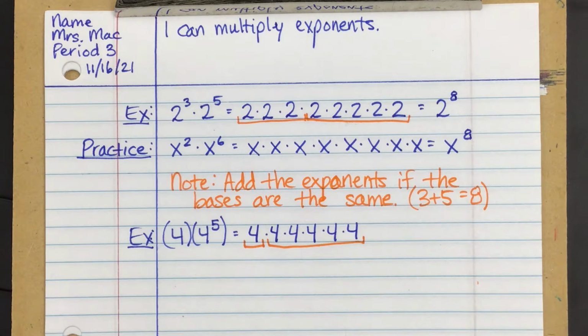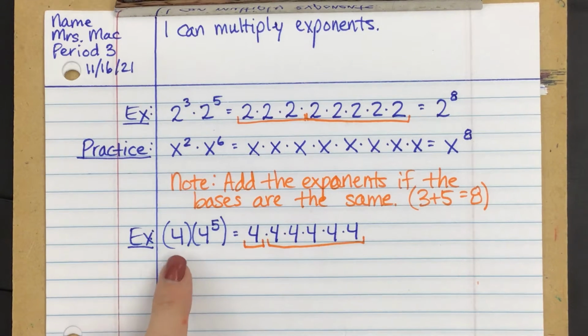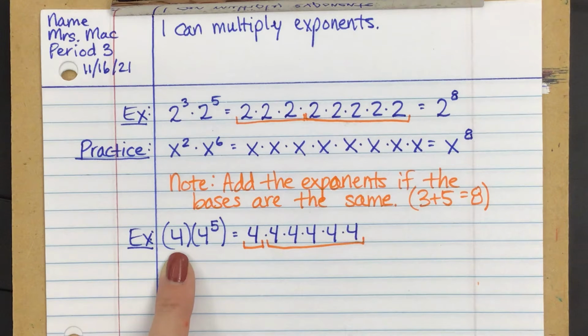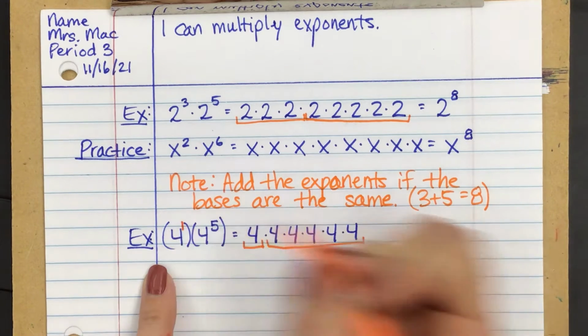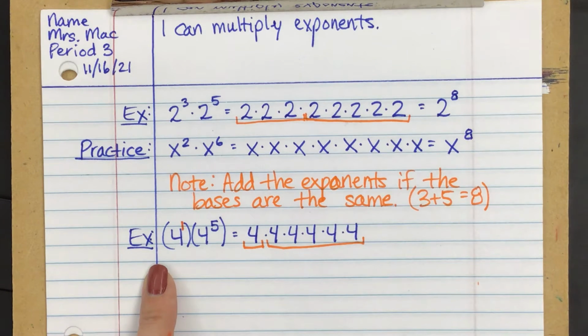So it's important to know that if you have a base with no exponent, the exponent is always 1. Okay? So if it doesn't have an exponent, you can just put a little 1 there to hold that place.